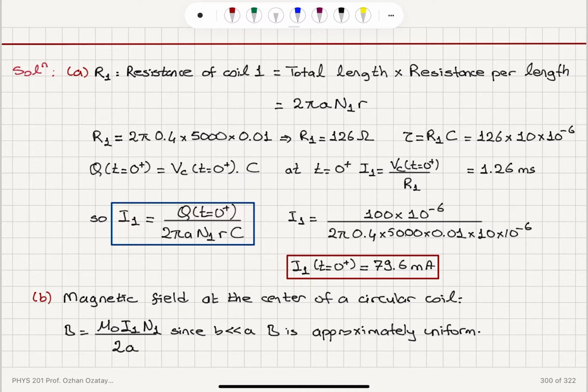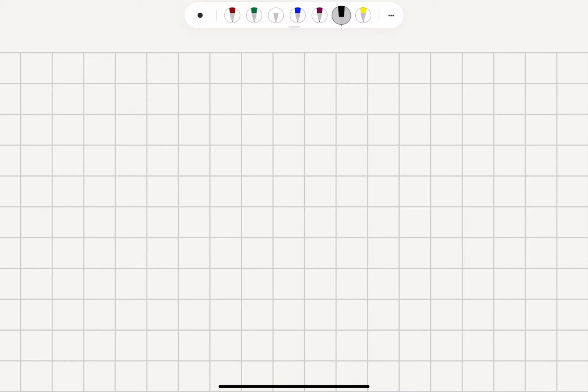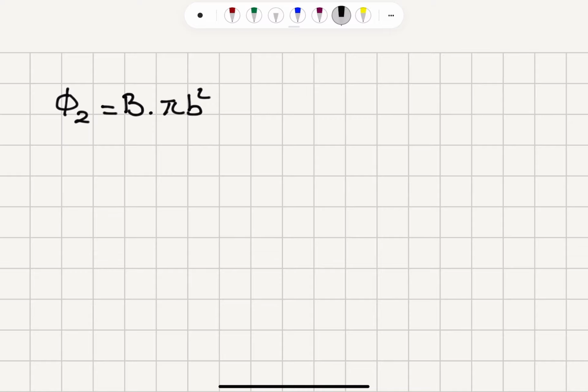Okay, the question is, what is the magnetic flux through each coil? Well, the magnetic flux in the smaller coil, phi 2, will be due to the magnetic field created by the larger coil multiplied by the area of each coil, pi b squared. And that's the flux through each coil.